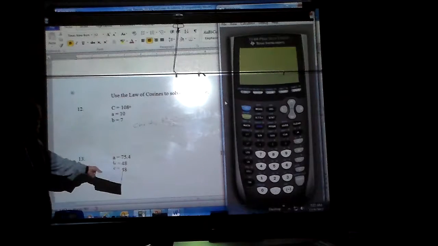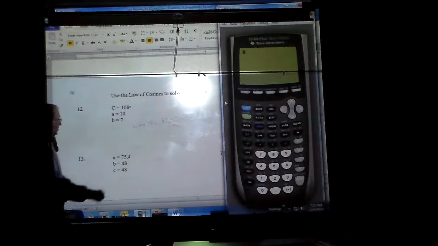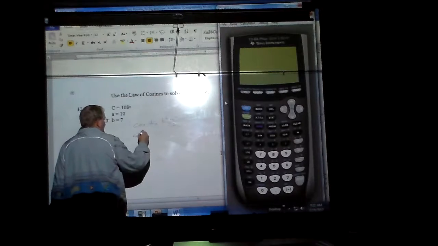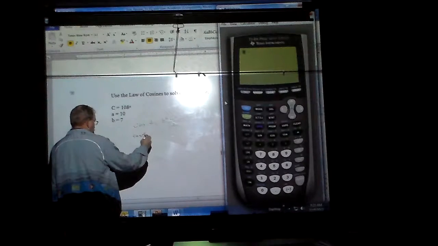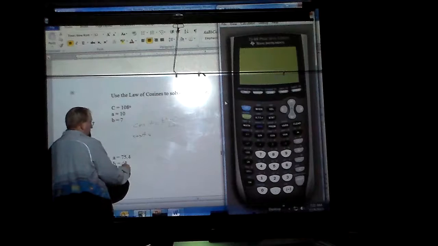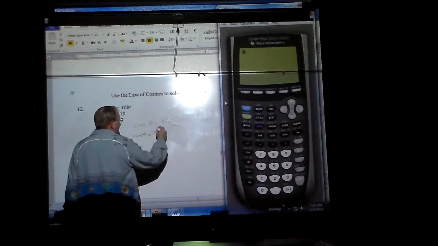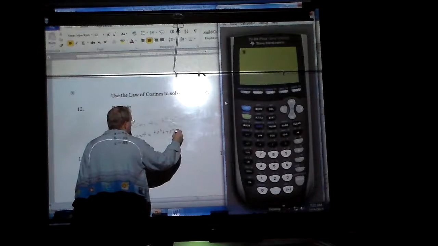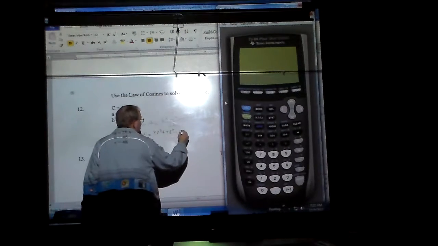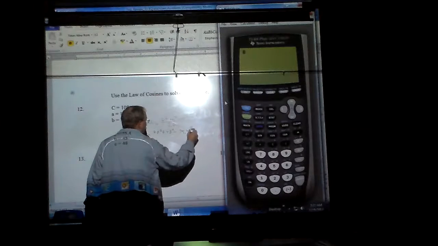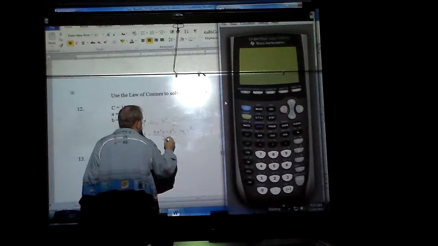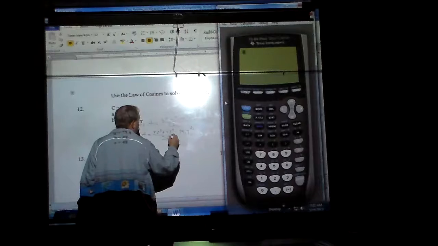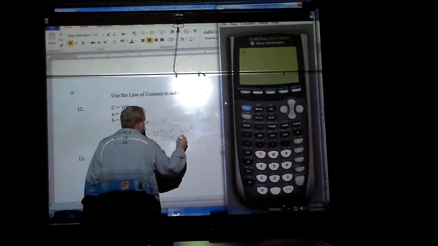This one's kind of nice because it's an isosceles triangle. But anyway, to find the angle, the cosine of angle A will be b squared, which would be 48 squared plus 48 squared minus the 75.4 squared, all over 2 times 48 times 48.